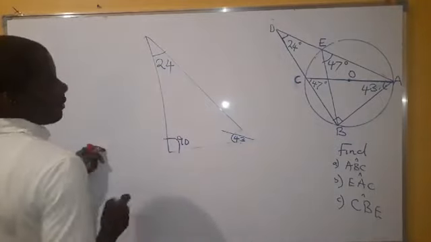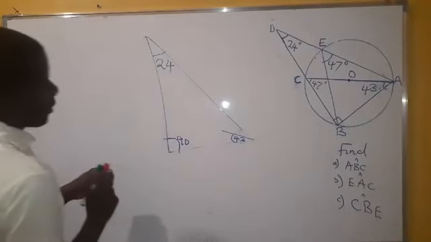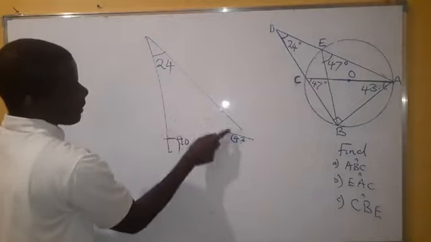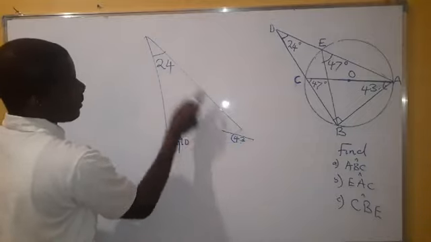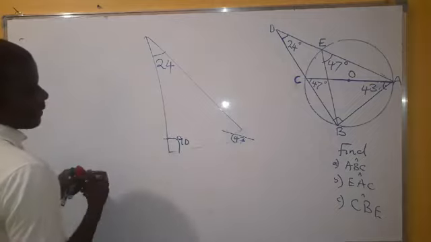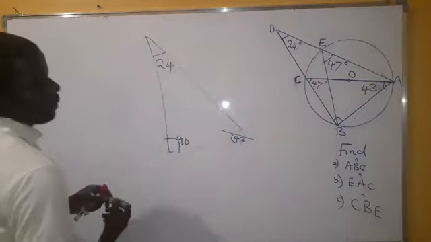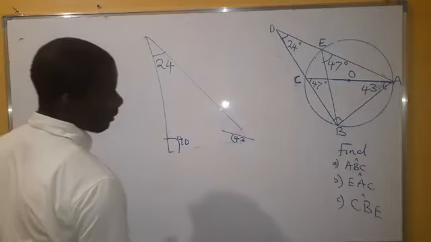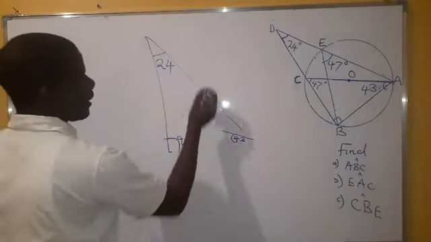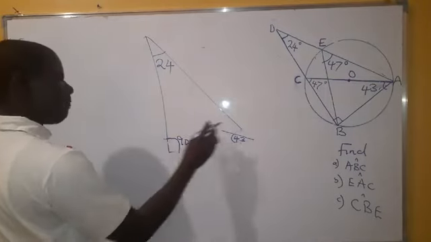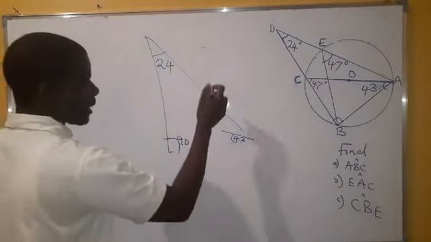Then this one, so now, these angles, they should give us what? 90. This angle and this one, they should give us 90. So I want to find the whole angle here. Okay? So, are we together? We already have 90. So this 90, I've subtracted it from 180. I'm remaining with the other 90.